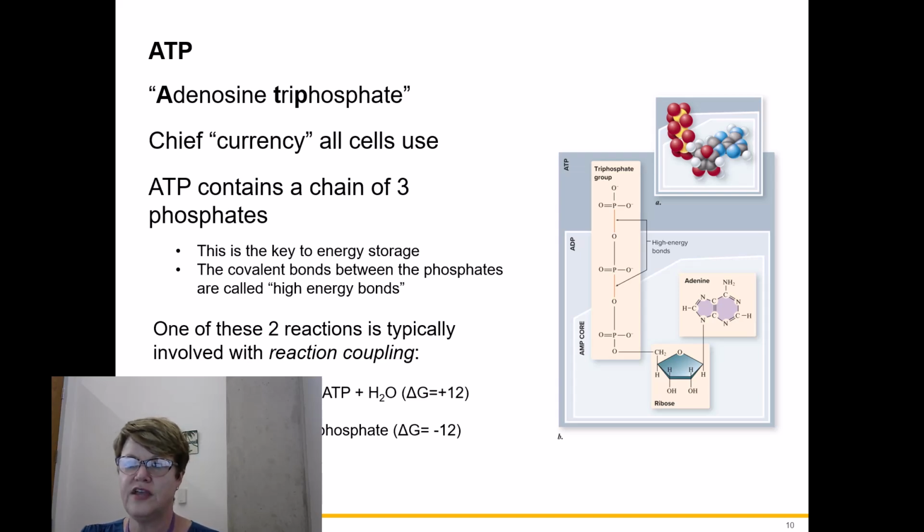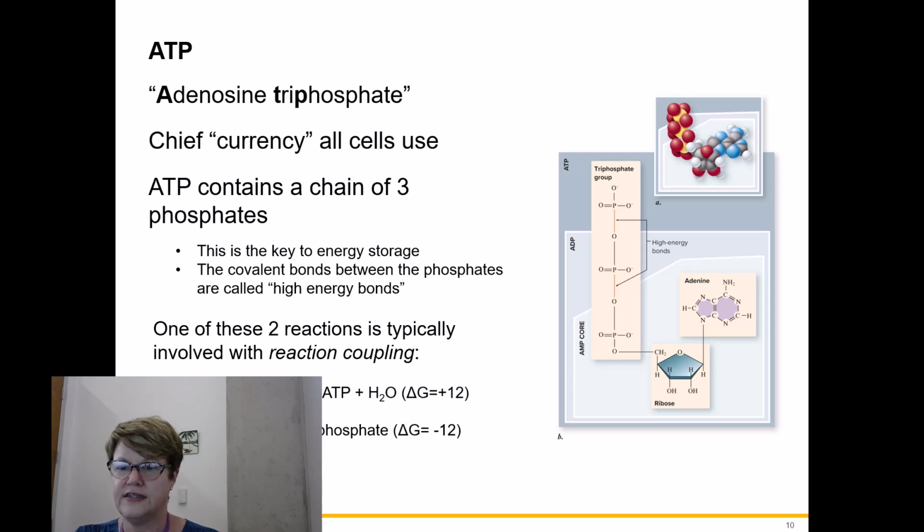And adenosine triphosphate is really a molecule that has more than one purpose in a cell. In this chapter, we're talking about it in the sense of it being what we call the energy currency of a cell. ATP is also one of the building blocks of nucleic acids.